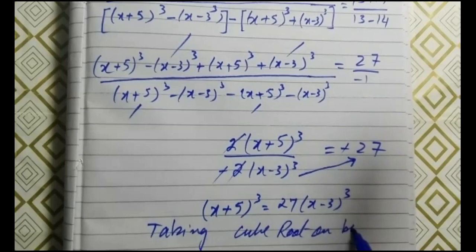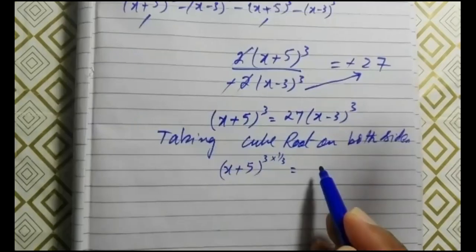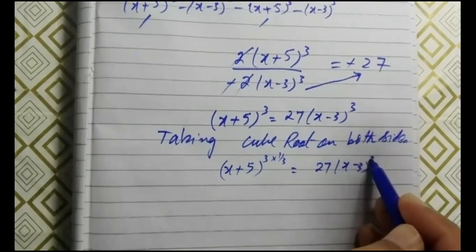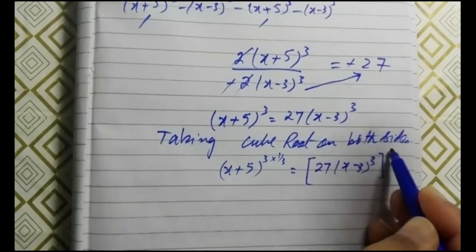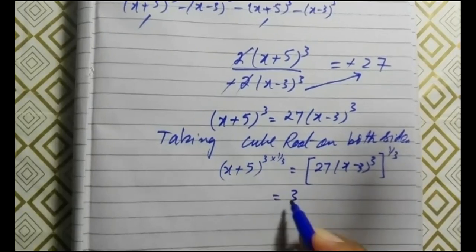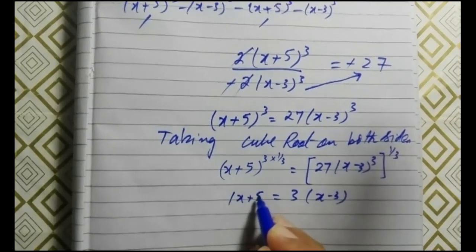We are taking the cube root in this way, that once you apply the cube root on both sides, then consequently you have to write the cube root on the right hand side in this way. So the cube root of 27 will be 3, and x minus 3 will be as it is, and here you will get only x plus 5.